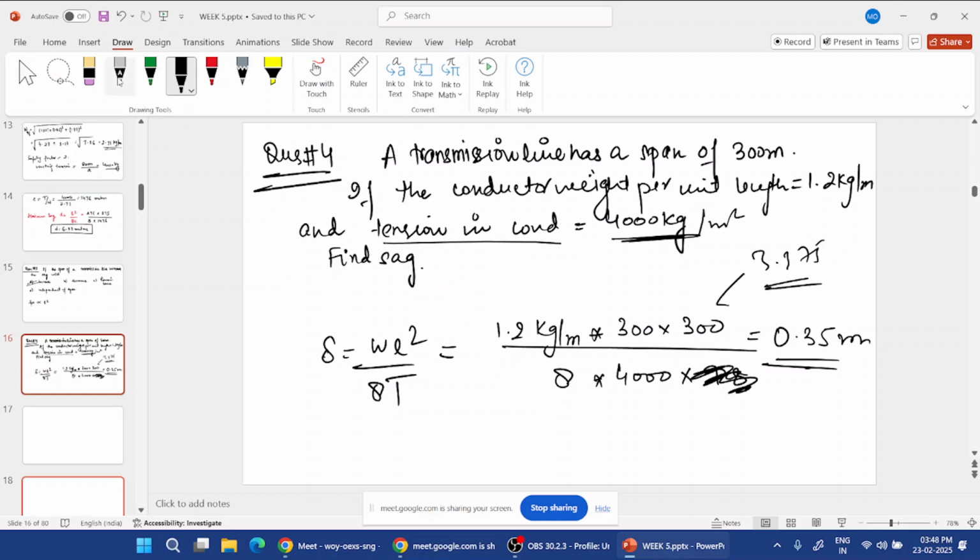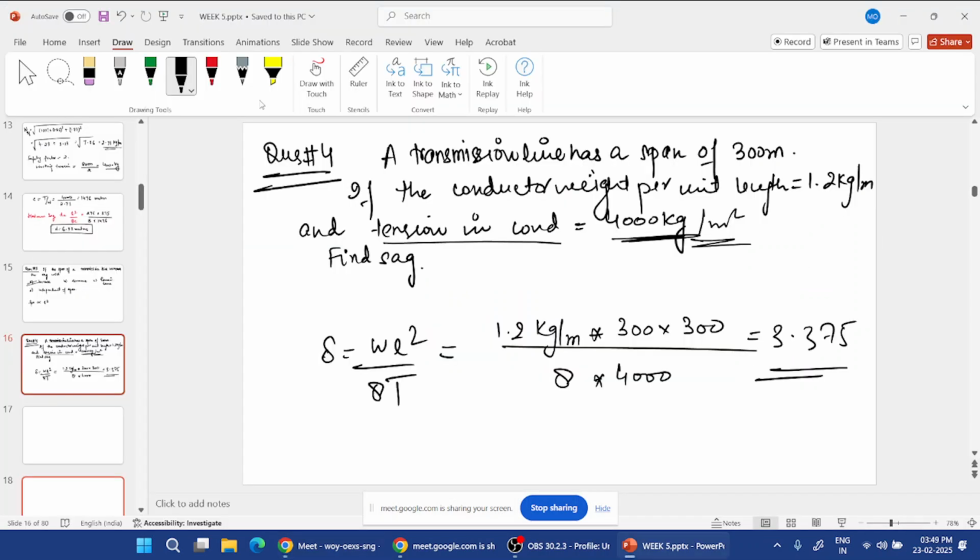So let's assume the tension is given; the units are not right, but no problem, we will adjust on our own.